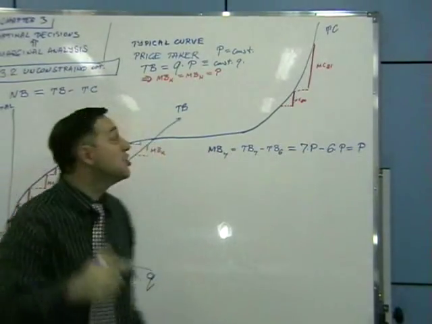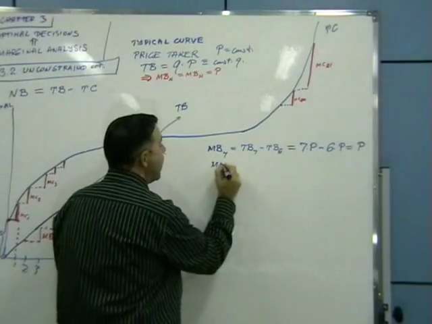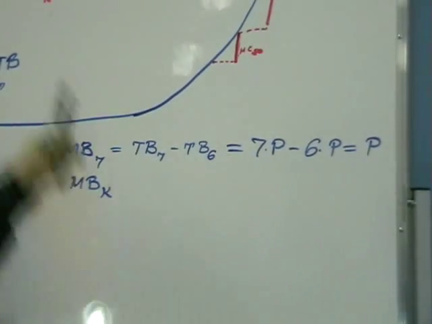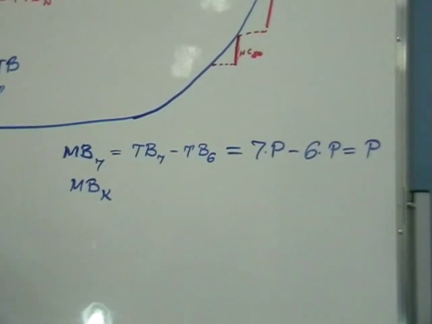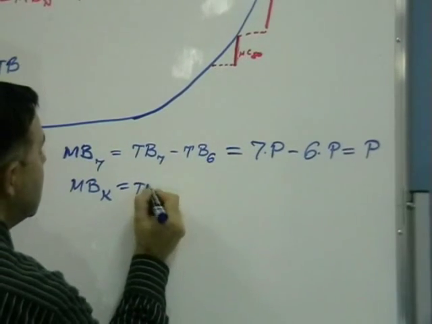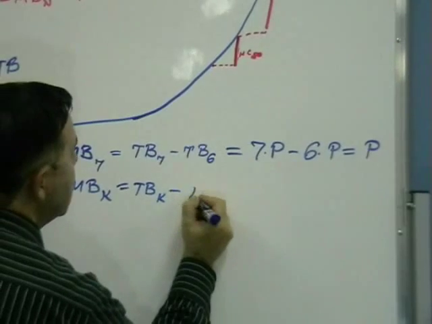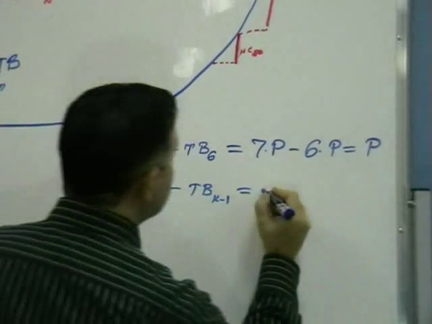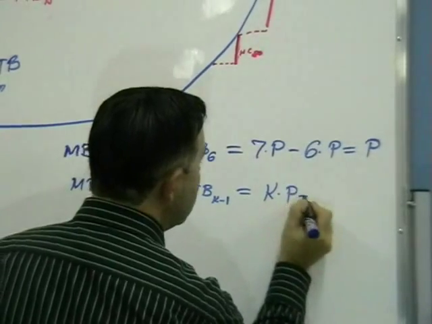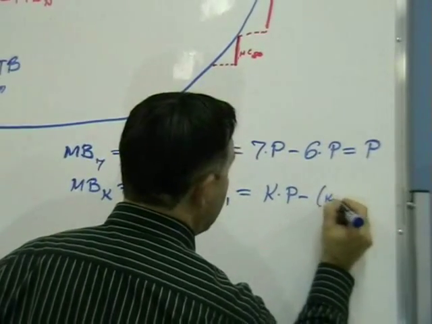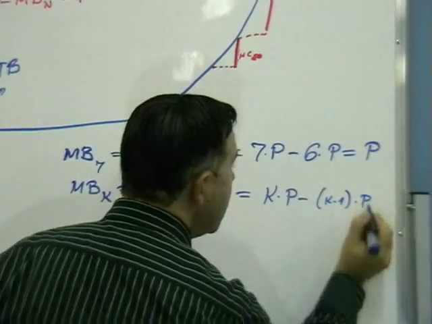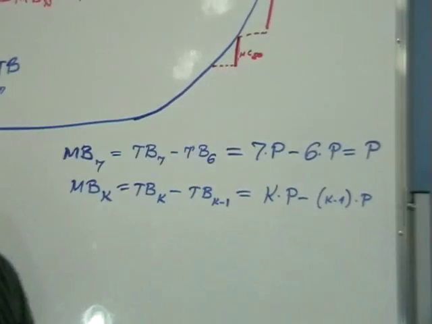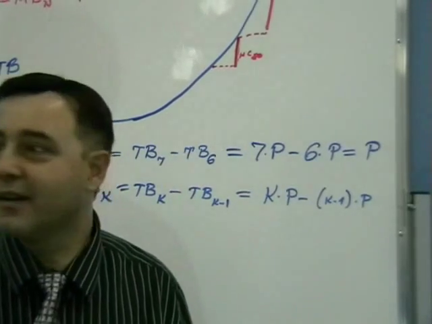Well, I can now derive the general MB of K. For any K, when you have a price taker, it becomes TB of K minus TB of K minus 1, which is equal to K times P minus K minus 1 times P. And when you cancel out KP with KP, you know what's KP?